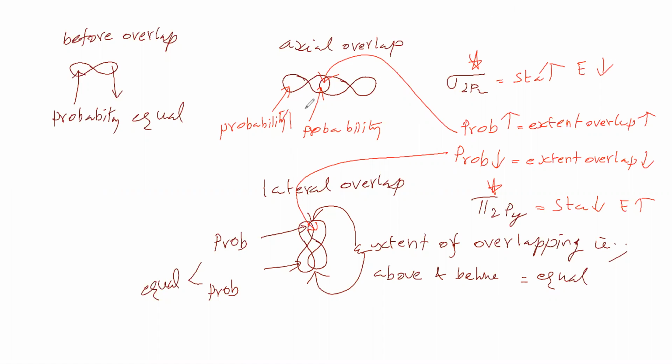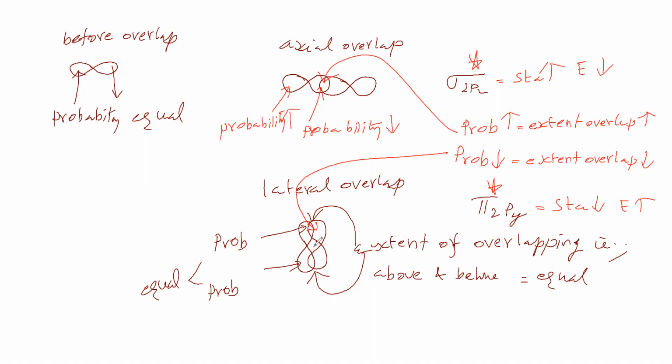Here probability will be high, here probability will be low, because it is giving antibonding. Here probability will be low, here probability will be high, because in an antibonding molecular orbital, at the overlapping part, the probability of electron cloud will be low. It is giving sigma star.